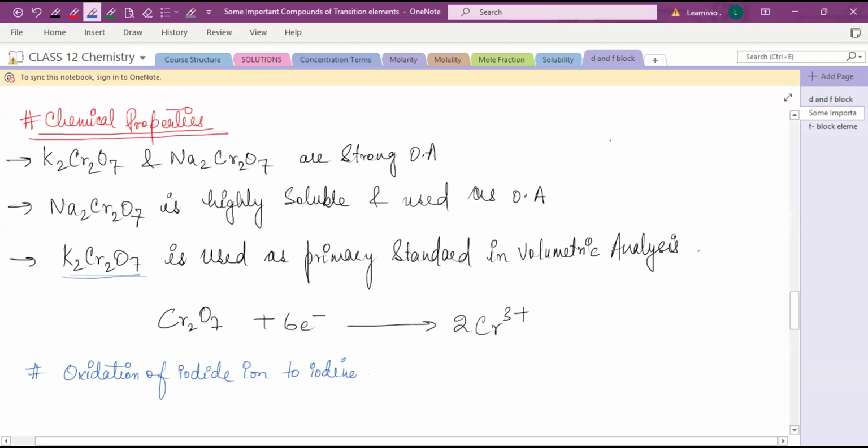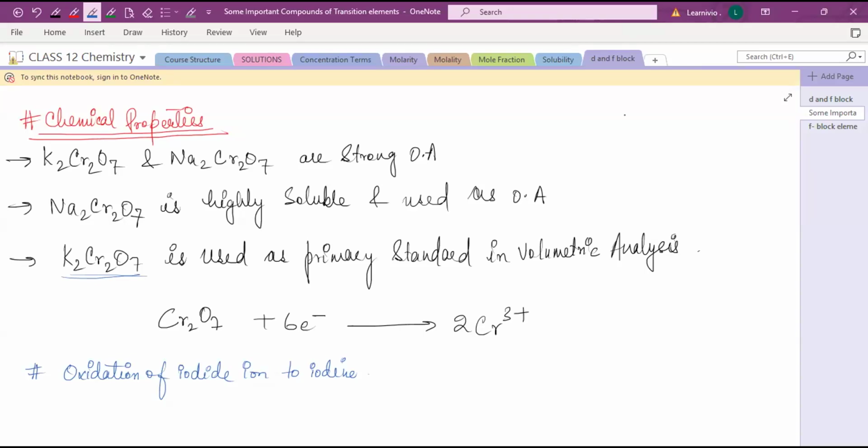Now what is non-hygroscopic? It does not absorb moisture. And potassium dichromate, we can weigh it accurately because of its high molar mass.